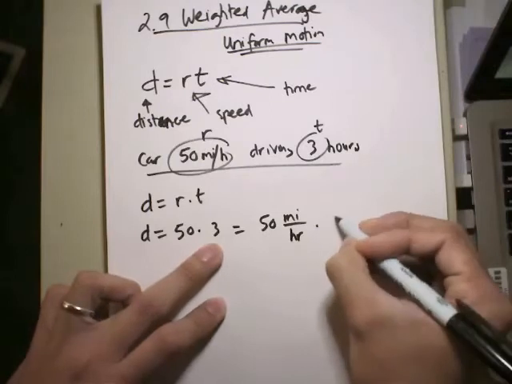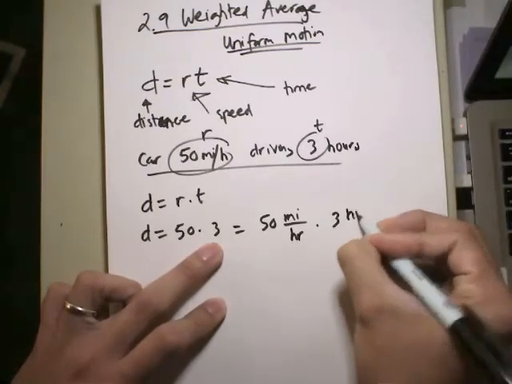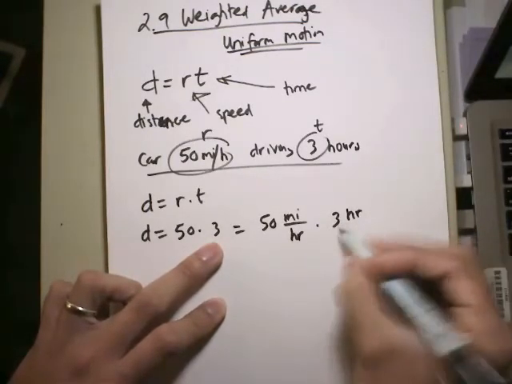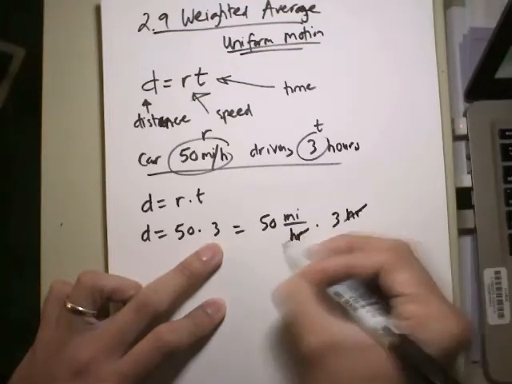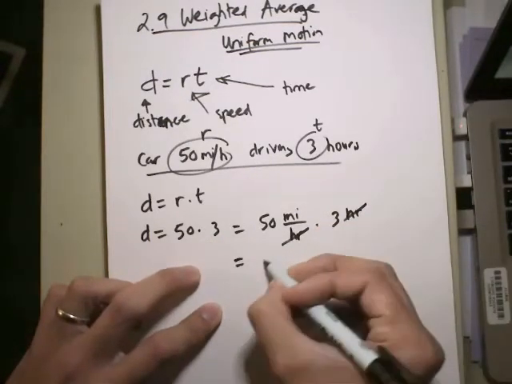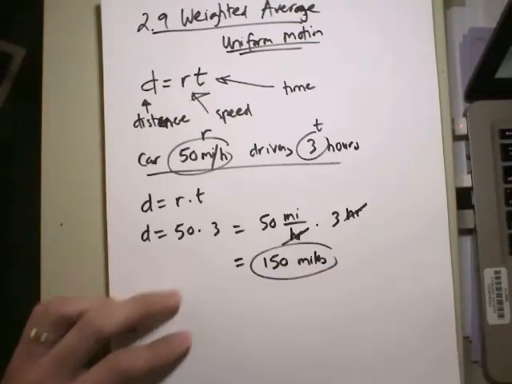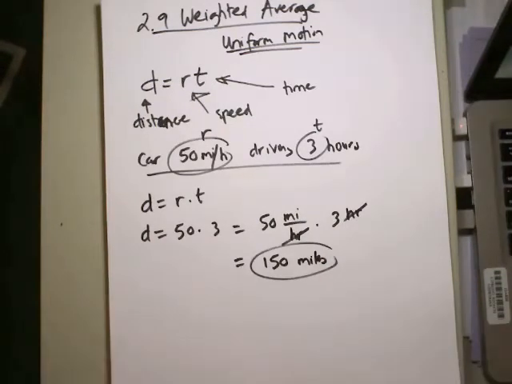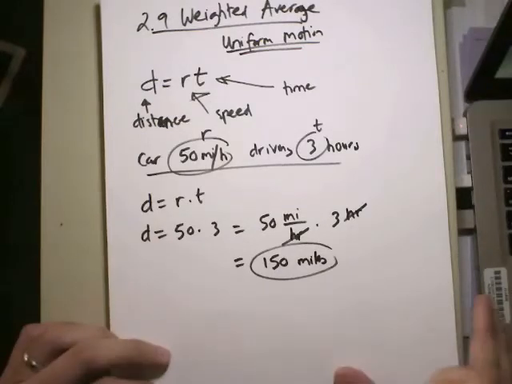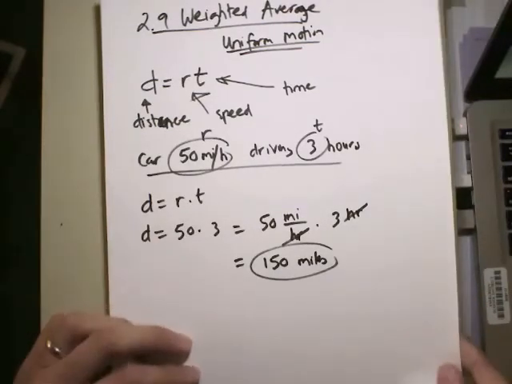And this is 3 hours. And the hours cancel out, so we end up with miles. So therefore, we have 150 miles traveled. So you can see what the distance model is all about, because this is what we're going to be using throughout the problem.